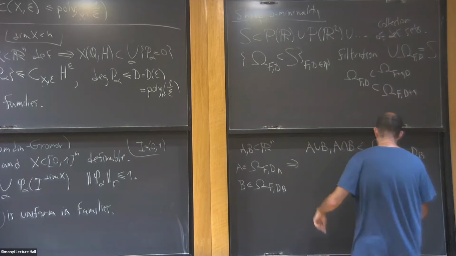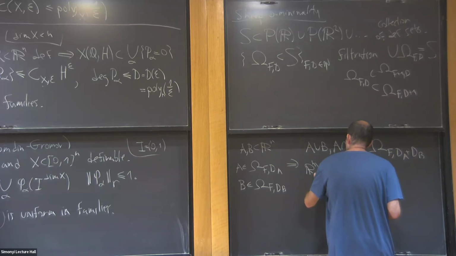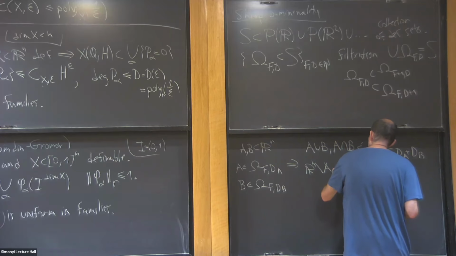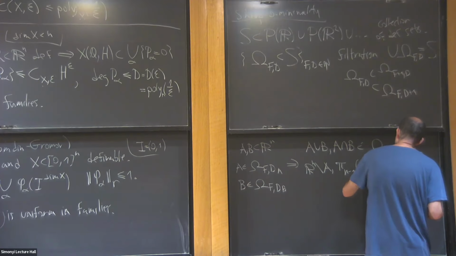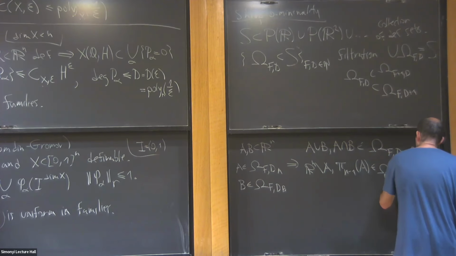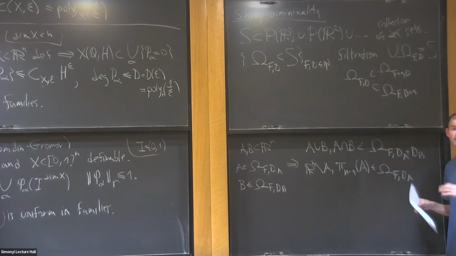I'm going to say that if I do R^n minus A, so if I take a complement, or if I take a projection of A to R^{n-1}, this is going to be in Omega_{f,d_A}. So this does not change format and degree when I take a complement or when I project.